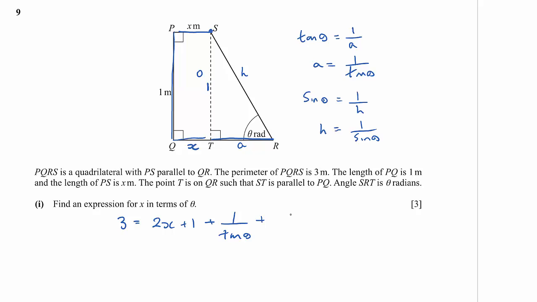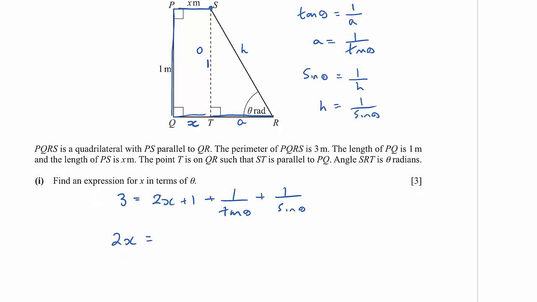Add the h, which is 1 over sine theta. So that means that 2x is going to be, so if the 1 goes over there, 3 take away 1 is 2. Take away 1 over tan theta. Take away 1 over sine theta.